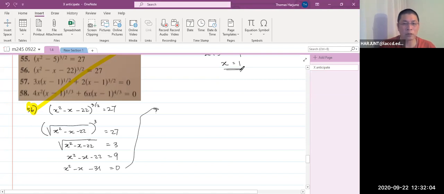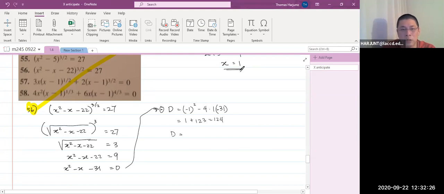I don't think that's factorable. I don't even want to do completing the square. Then let me do the formula. So the discriminant will be b squared minus 4ac. That's 1 plus 123. That's 124.